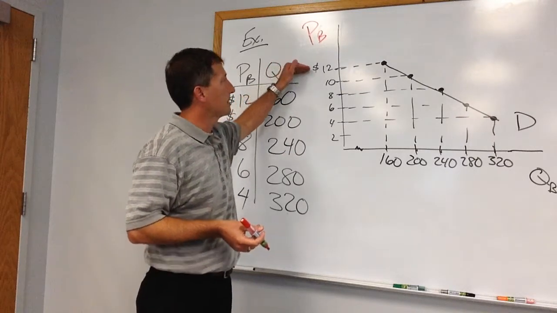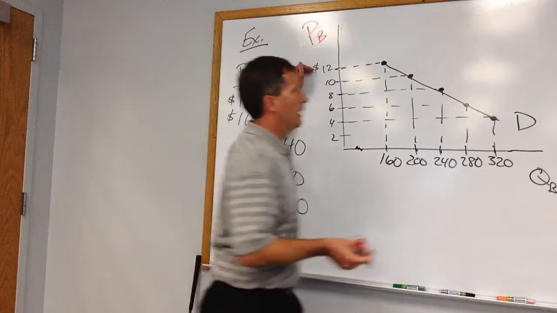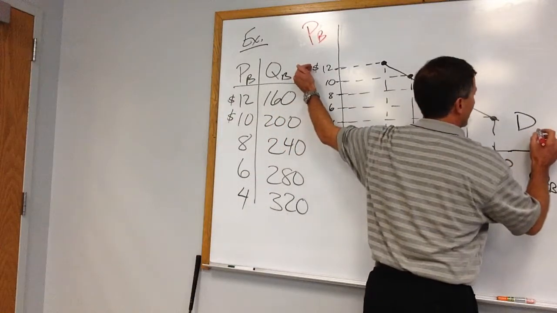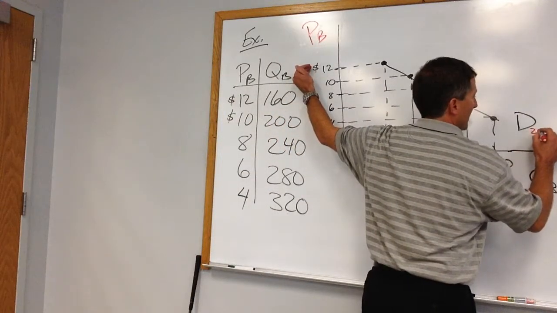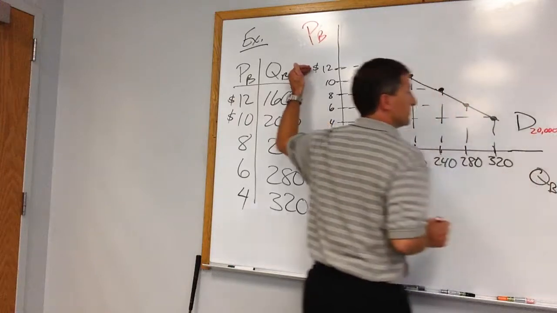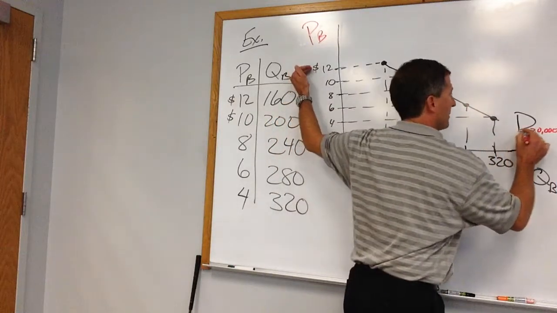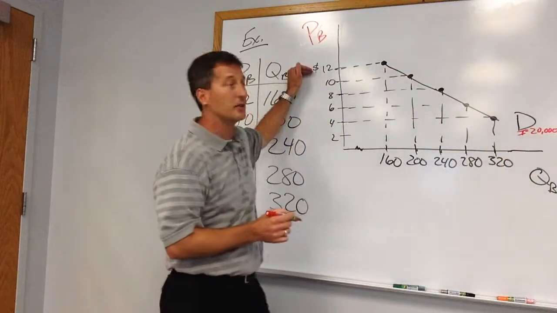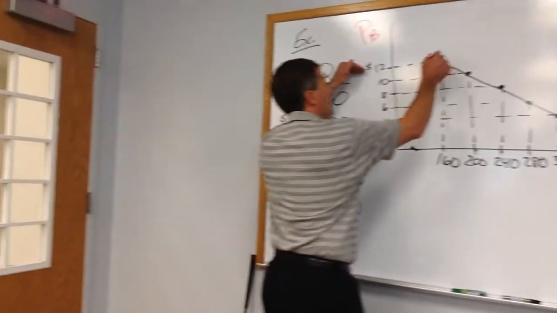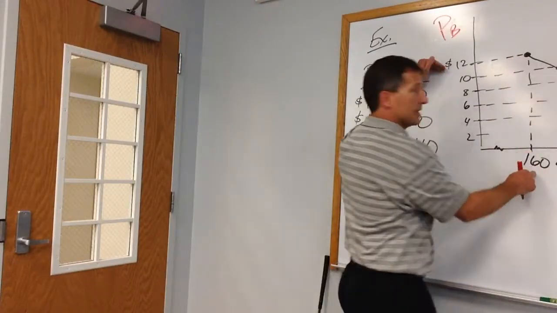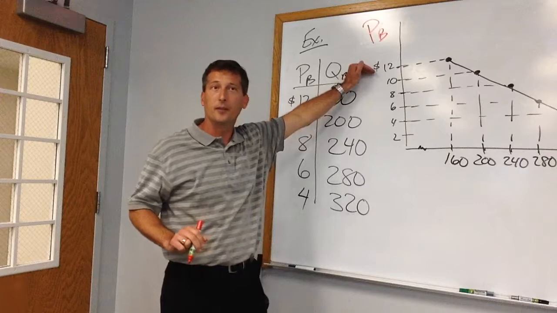So here is the price at $12, and you are currently making $20,000 a year. So your income is $20,000 a year. When the price is 12, there's 160 12-packs being sold.